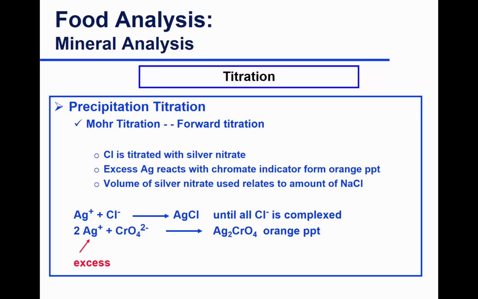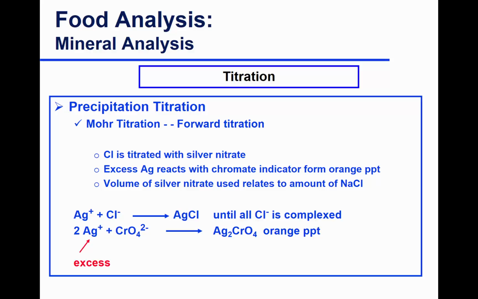Another titration method is the Mohr titration. It's a very common method for salt determination. So it's very simple and straightforward. The chloride from salt is titrated with silver nitrate. So you have the chloride from the salt and you have the silver from silver nitrate. They react until all chloride is complexed as silver chloride.